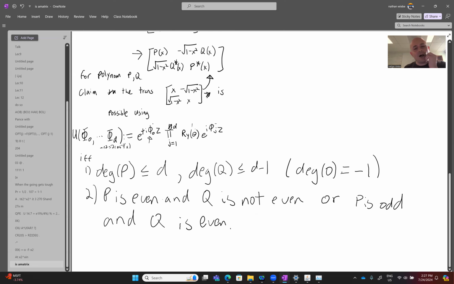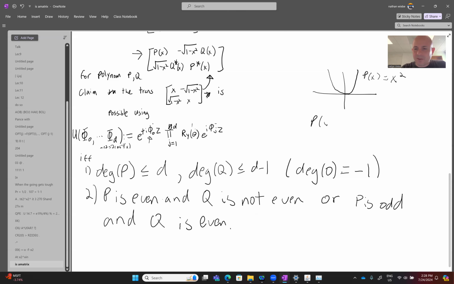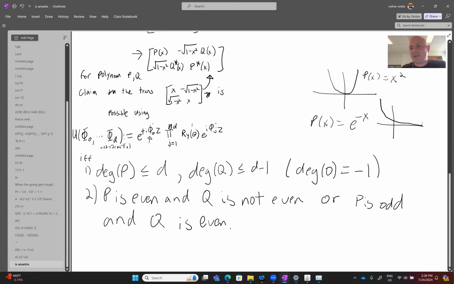So basically, the polynomials that we can achieve for this, we can't do everything. We can only do polynomials that have definite parity. So for example, I could do a polynomial P that is an even function, like P of x equals x squared. But I can't do, for example, P of x equals e to the minus x, because you can see e to the minus x is neither even nor odd.